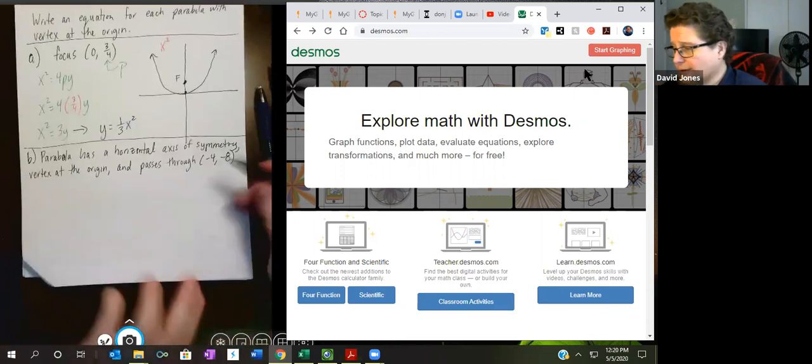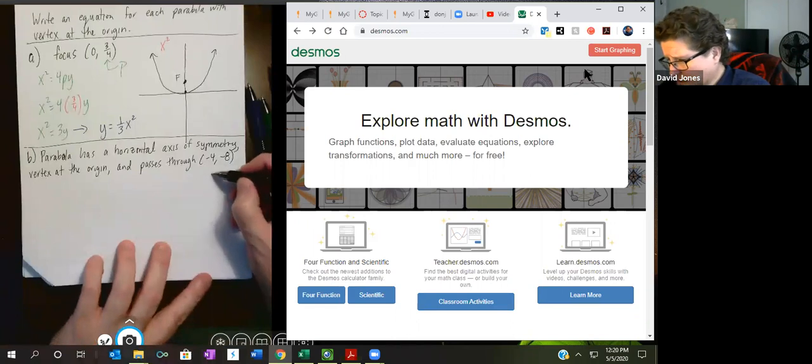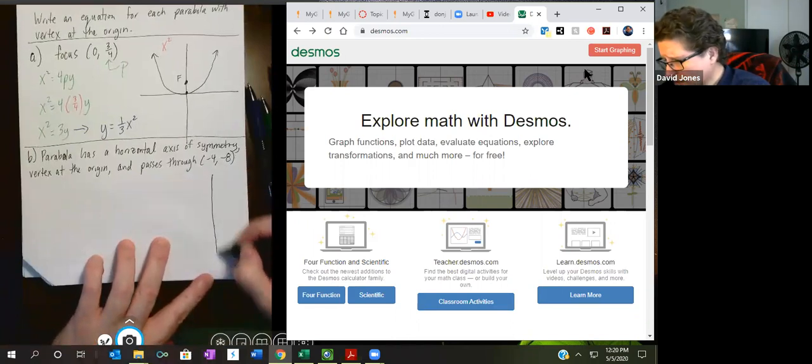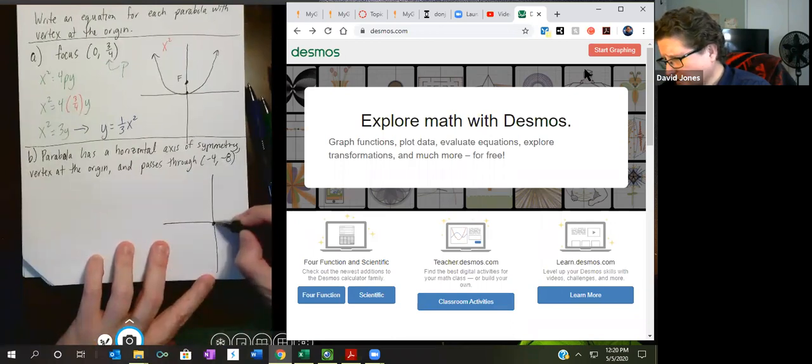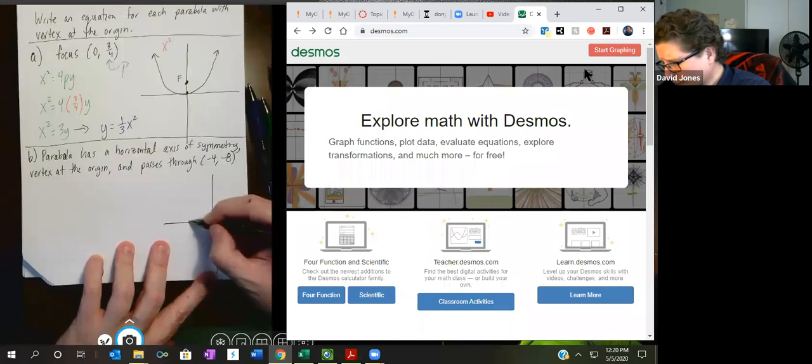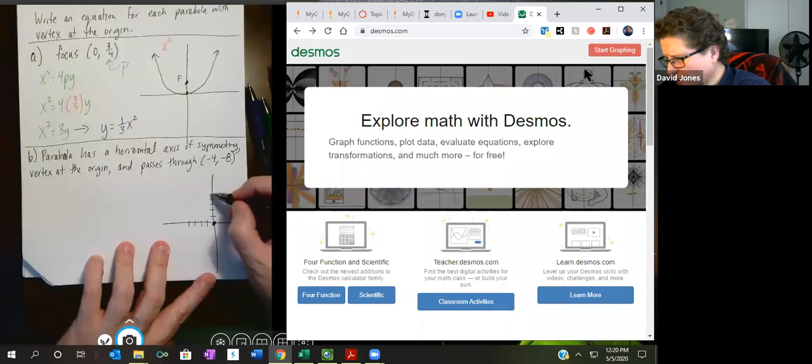Okay, so what does that mean graphically? Horizontal axis of symmetry. I've got a vertex at the origin and it tells me there's a point at -4, -8.